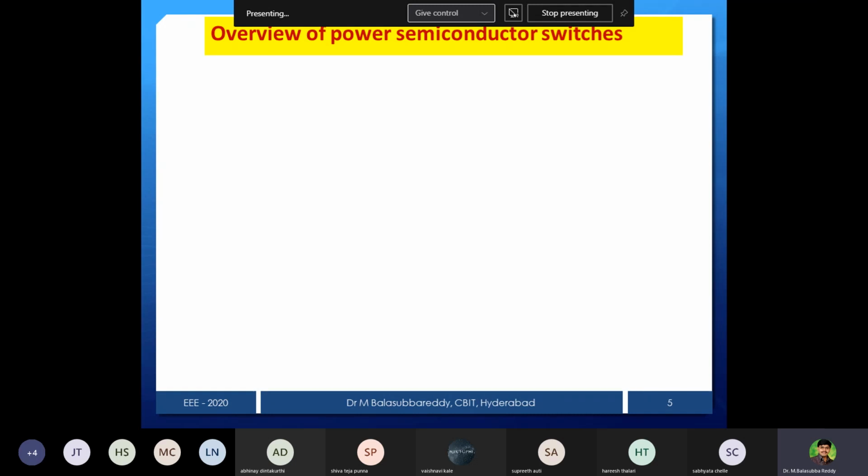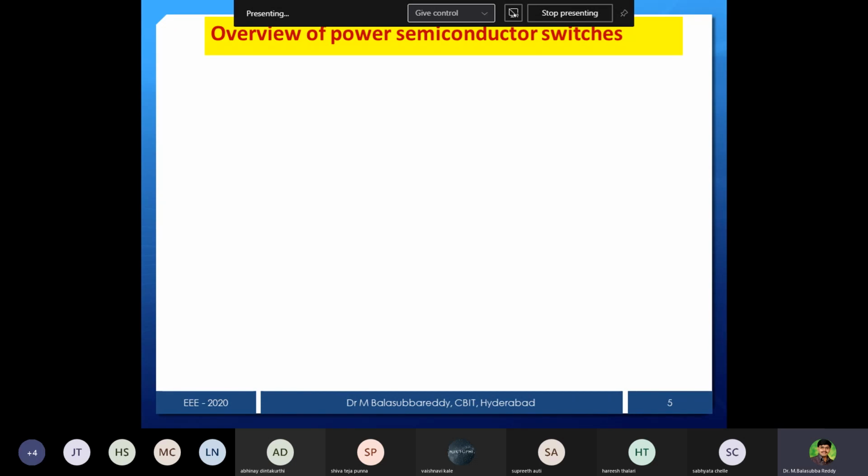But SCR is not so. Once you give the gate current, it will be on, but you cannot turn it off using the gate. Only when you reduce the current through the device to zero or below the holding current will the device turn off, otherwise it won't.